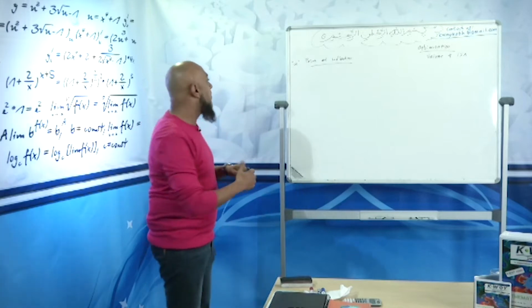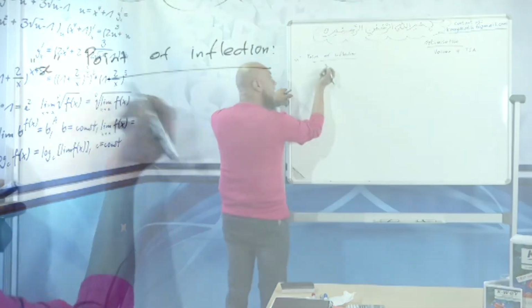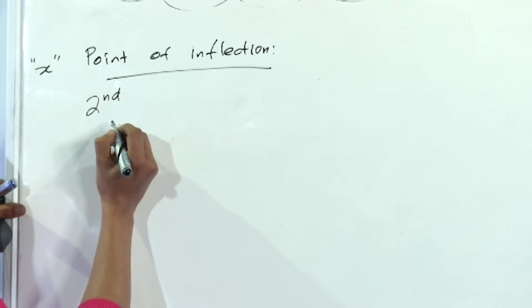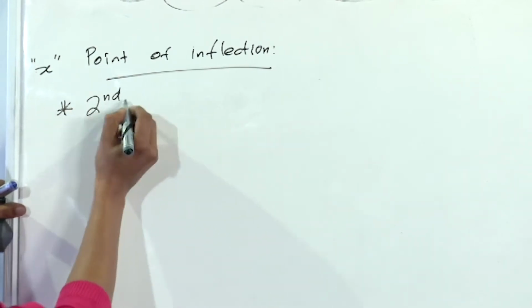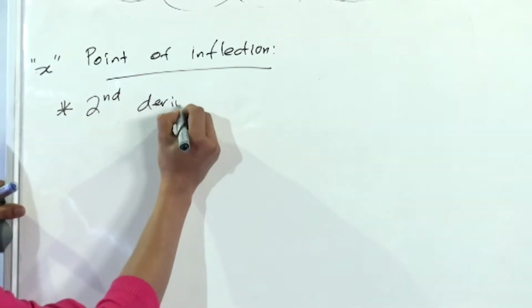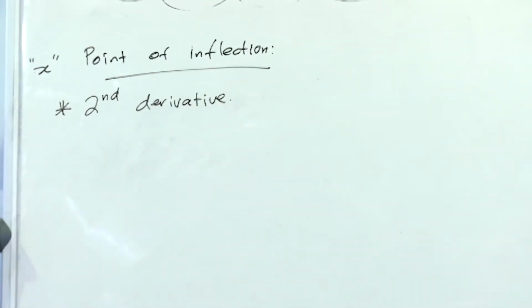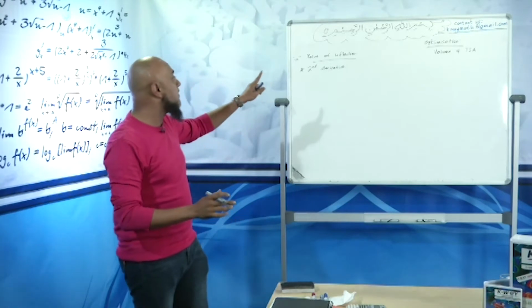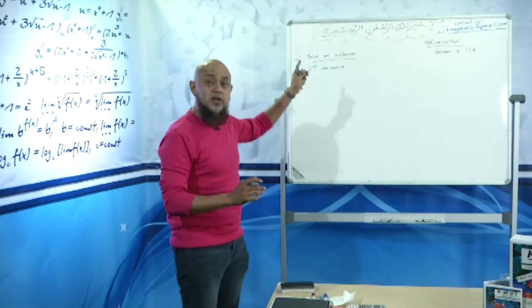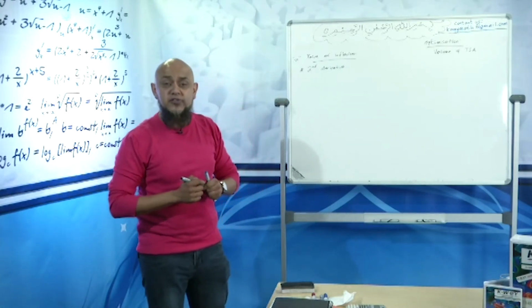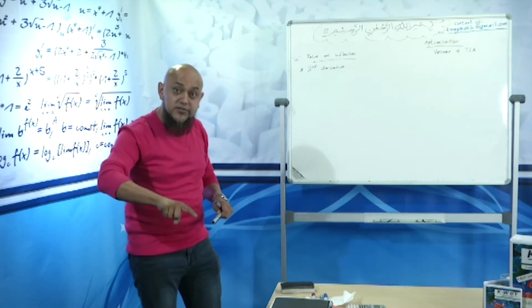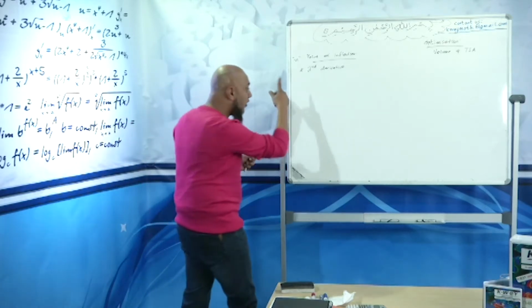Your teachers have probably told you this already: this is the only time in calculus where you will be using the second derivative. Other than that, you will continue using the first derivative. The derivative of the derivative is called the second derivative, used for the point of inflection.